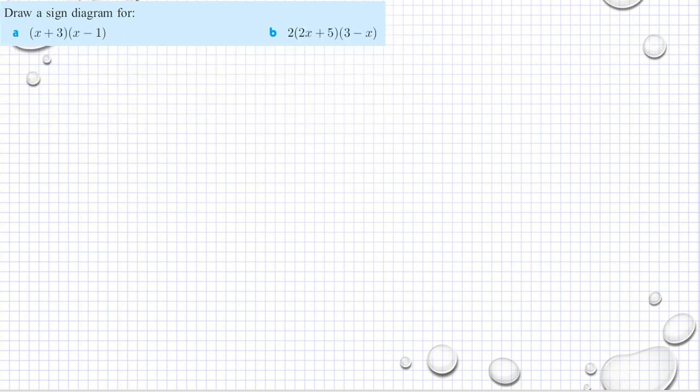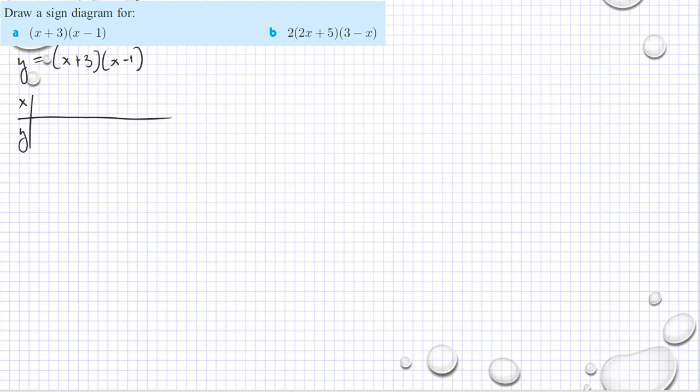Now, like what I said, you can draw a sign diagram and sketch your graph by using the sign diagram. Let's see if we can try y is equal to (x + 3)(x - 1). And then we have our x and then we have our y. I usually do it this way.